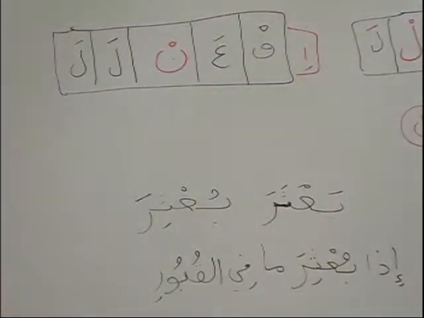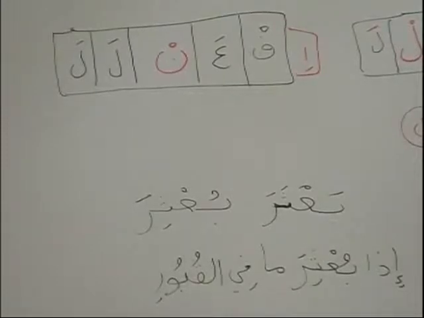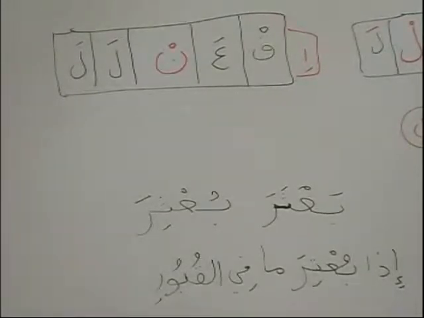So, brothers and sisters, what is this? Fi'lun mabniyyun lil majhul. Are you with me? When it is majhul, what do you look at? Naib fa'il. Where is the naib fa'il? Ma. Ma is your naib fa'il. Got the idea? This Ma al-mawsula is your naib fa'il.